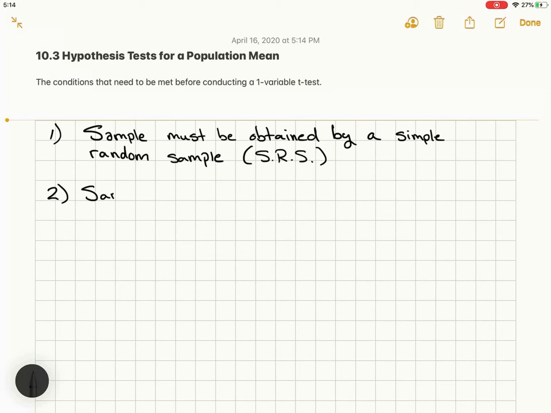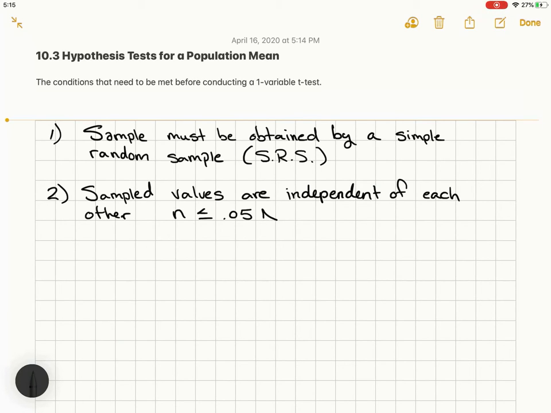Number 2, sampled values need to be independent of one another. In other words, your sample size needs to be less than or equal to 5% of your population.